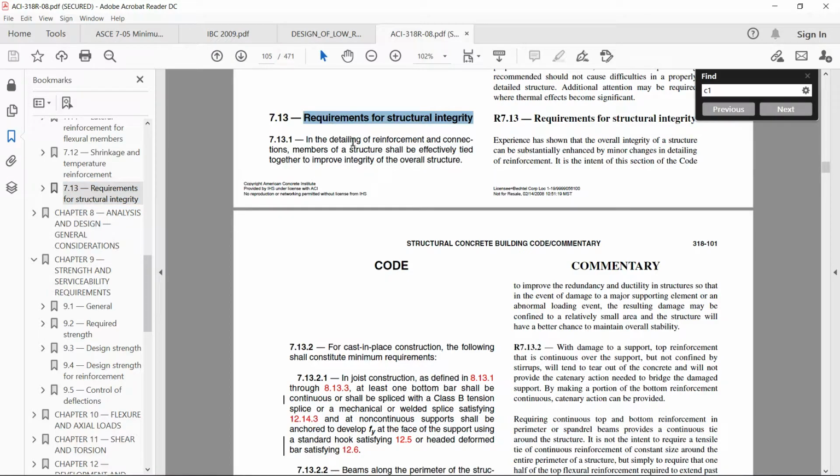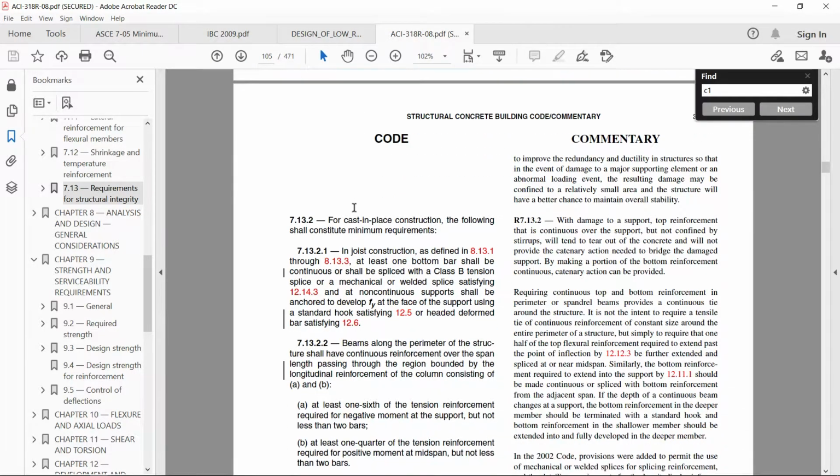It says, in the detailing of the reinforcement and connections, members of a structure shall be effectively tied together to improve integrity of the overall structure, especially your columns. The next is, for cast-in-place construction, the following shall constitute minimum requirements.